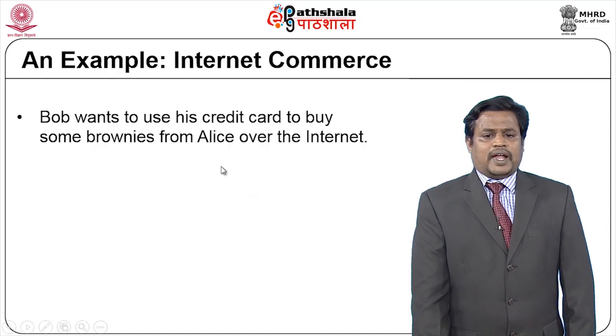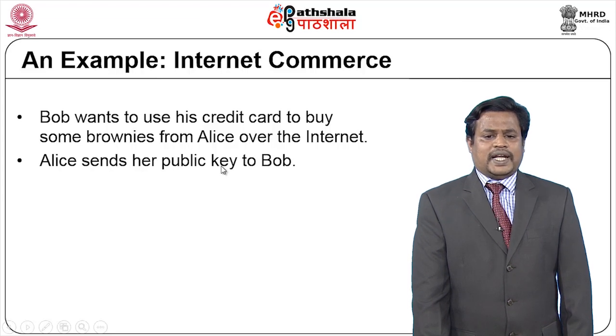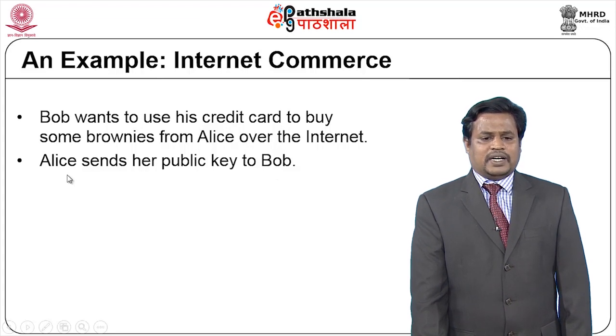Take internet commerce. Suppose Bob wants to use a credit card to buy some brownies from Alice over the internet. Now the situation is related to how we deal with day to day life. For example, I want to buy some information. First thing, Bob wants to use a credit card to buy some brownies over the internet.